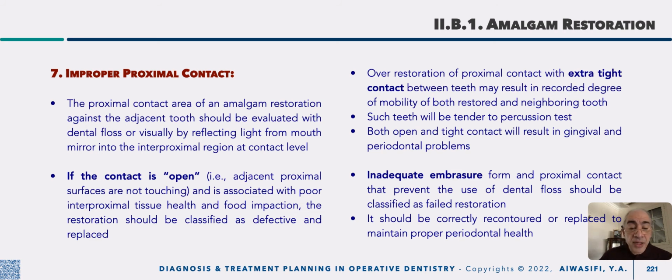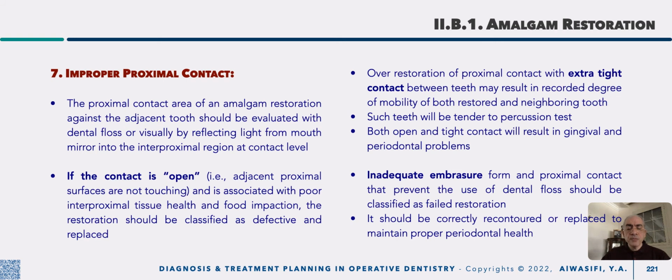In certain cases, we may have a controversial issue, which is extra tight contact. You are pushing your amalgam restoration, too much tight contact. Your contact is over convex and presses on the neighboring tooth.